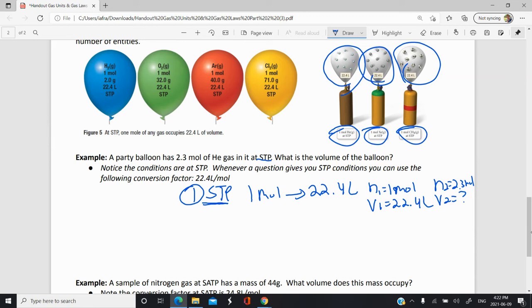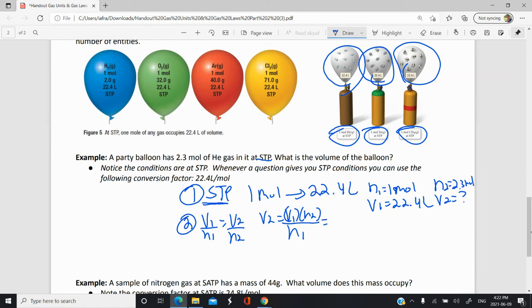And it's proportional. So if I double the number of moles, I should have roughly double the volume. A little bit more than double because it's 2.3. So we know that V1 over N1 is equal to V2 over N2. We therefore know that V2 is equal to V1 times N2 over N1.